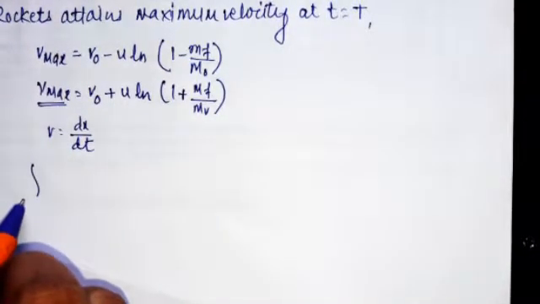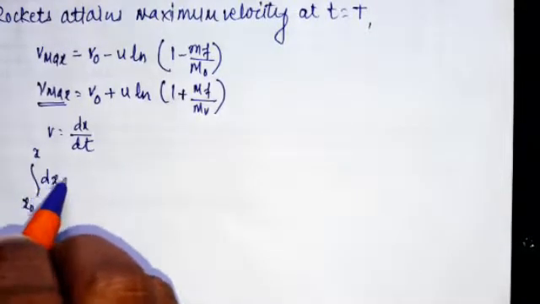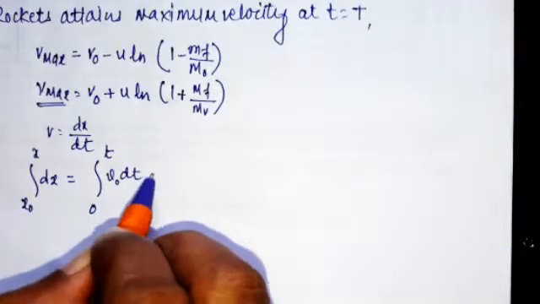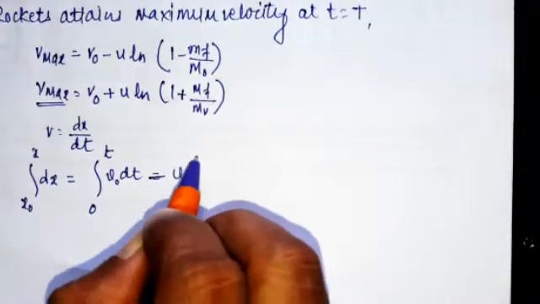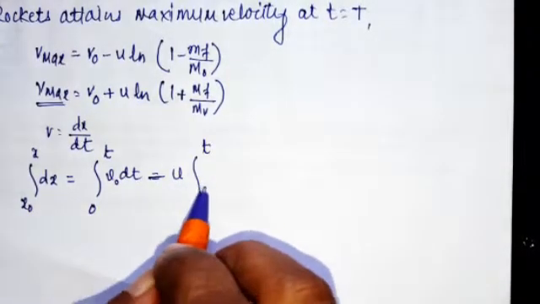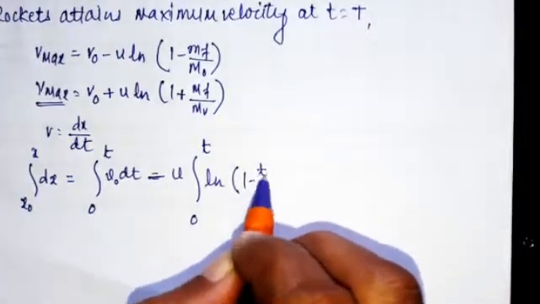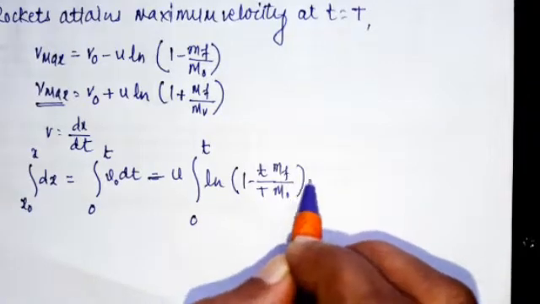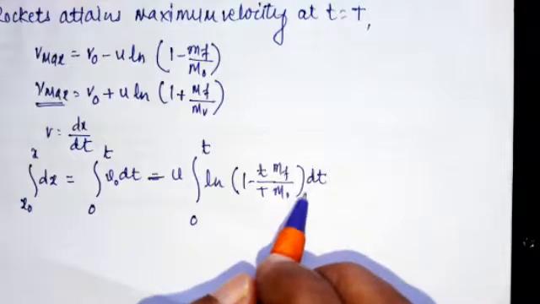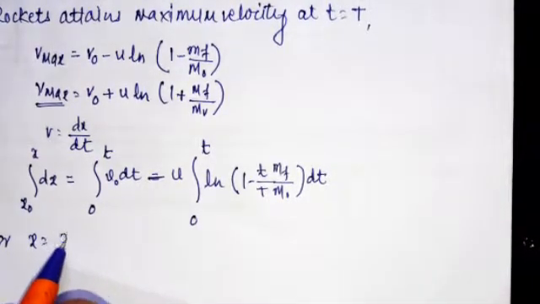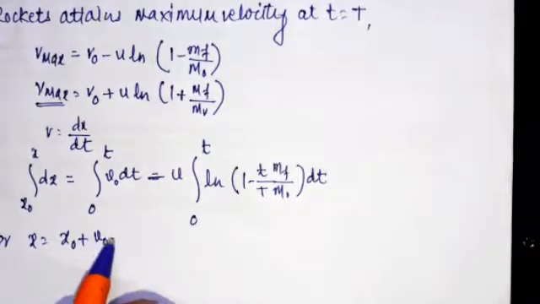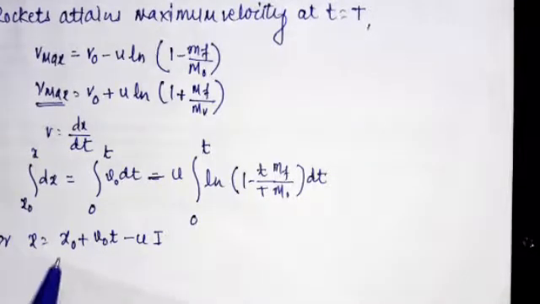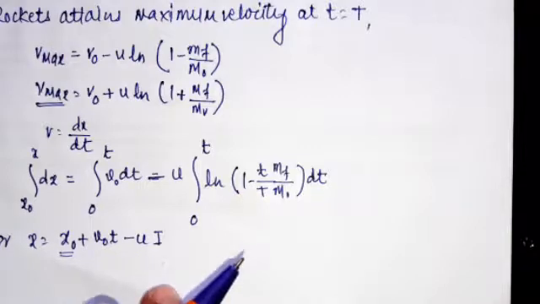Therefore we can write the integral from x0 to x of dx is equal to the integral from 0 to t of V0 dt minus u into the integral from 0 to t of ln of 1 minus t upon capital T into mf upon m0 multiplied by dt, or we can write x is equal to x0 plus v0t minus u into I. So x0 is the initial position of the rocket.